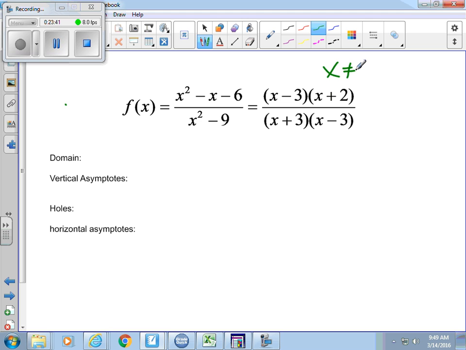Good. X can't be 3 and -3. I'm going to find that out before I do any canceling or anything, because I know that if I plug either of those things into the function, it makes the bottom 0, and my calculator would say error. Those will be the places where vertical asymptotes show up, maybe, or a hole.